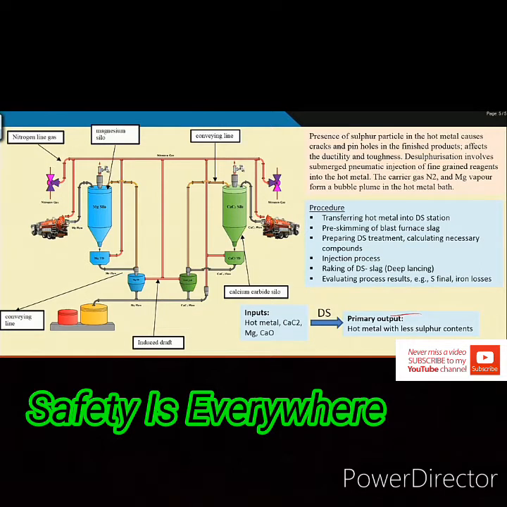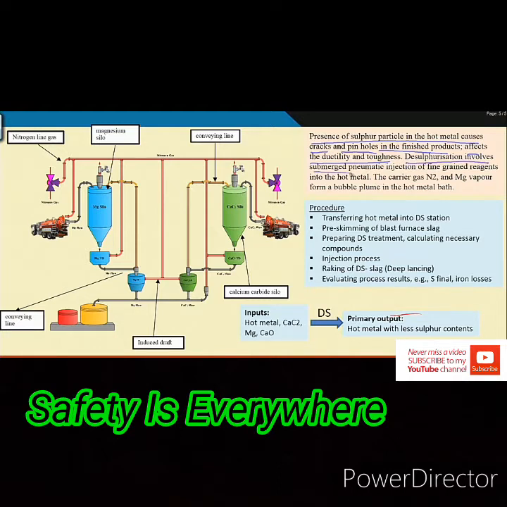The primary purpose is to reduce the sulfur content in the hot metal. This is a schematic diagram for the hot metal. The presence of sulfur is the issue. The presence of sulfur particles in the hot metal causes cracks and pinholes in the finished products and affects ductility and toughness.